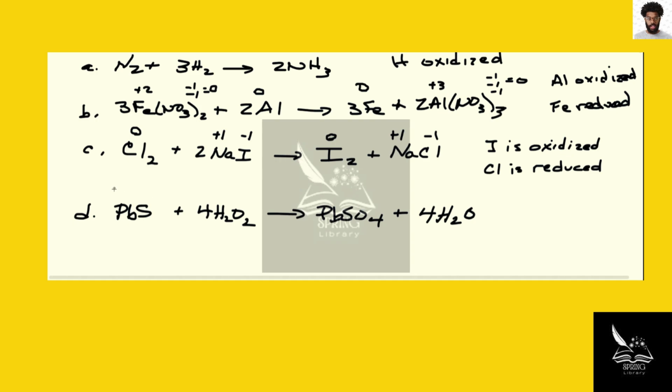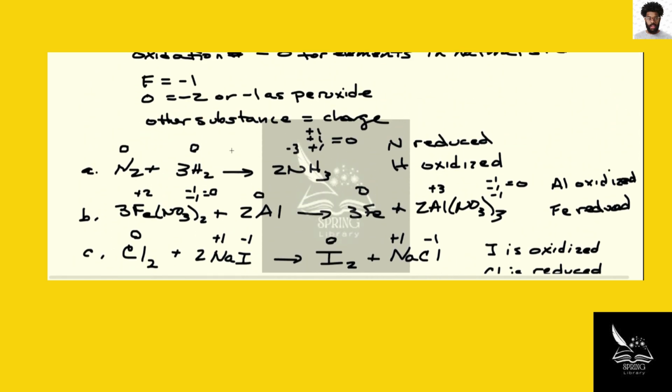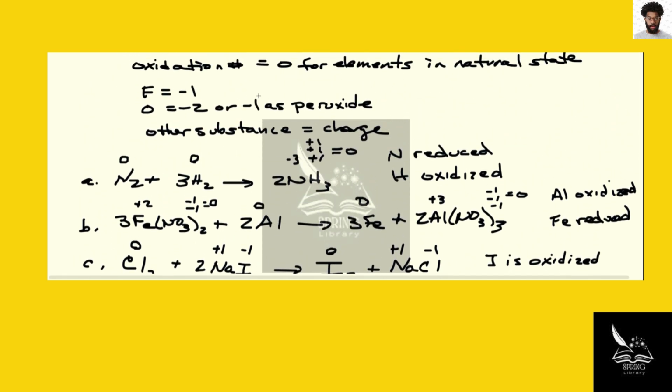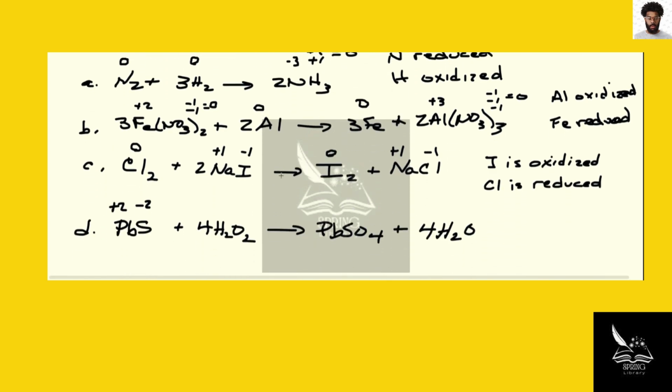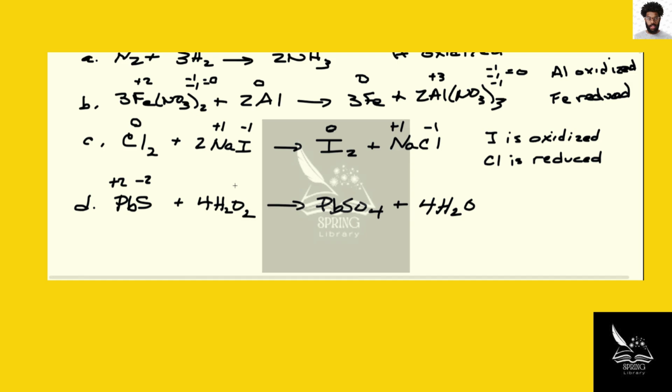So the lead's got to be +2, because remember, we have to have the sum equal 0. Now be careful with this one. This is hydrogen peroxide. As a peroxide, the oxidation state of each oxygen is -1, not what it normally is, -2. So here we have 2 -1s, right? Which means that each of the hydrogens has to be +1.